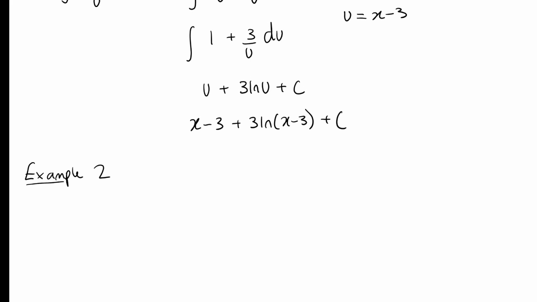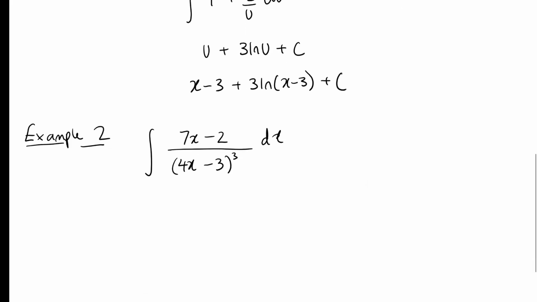Example 2, the integral of 7x minus 2 over 4x minus 3 cubed. This has the same sort of problem, that the denominator is complicated. So we can simplify a lot by letting u equal 4x minus 3.